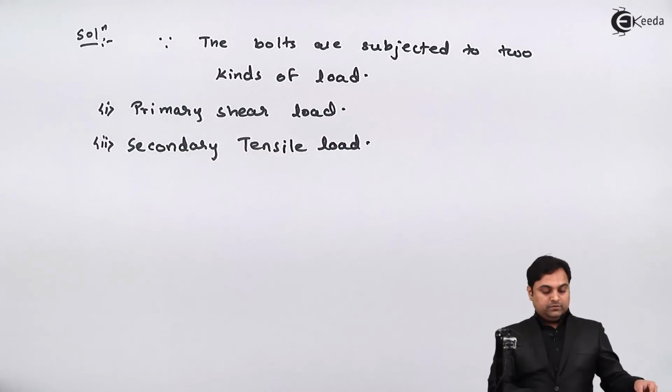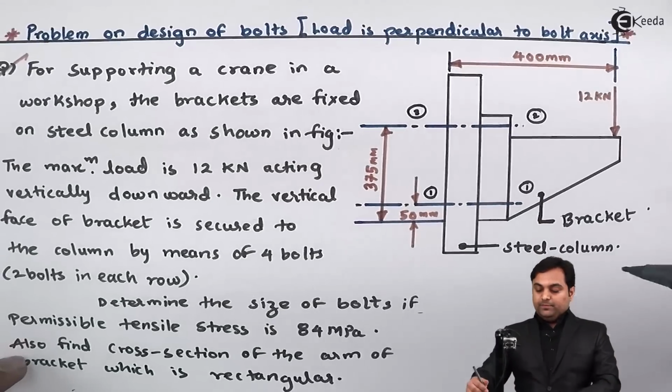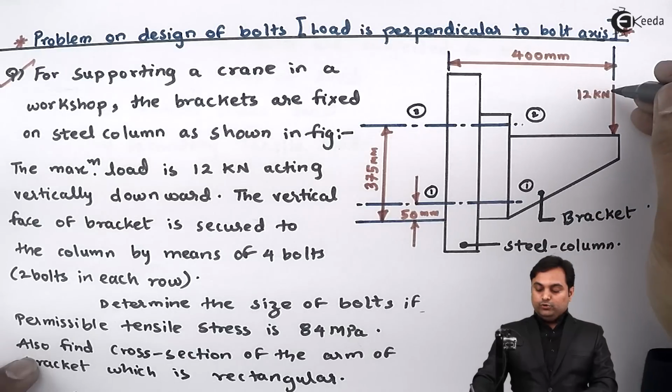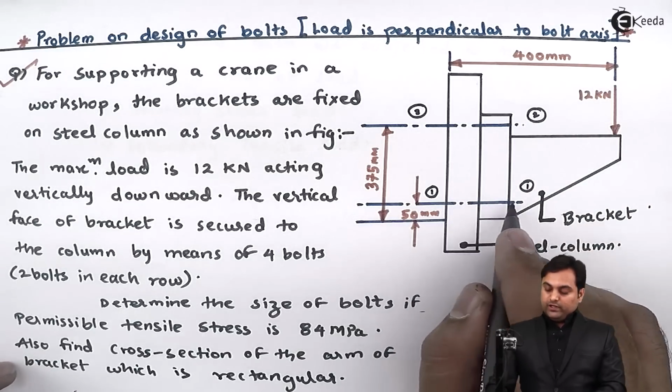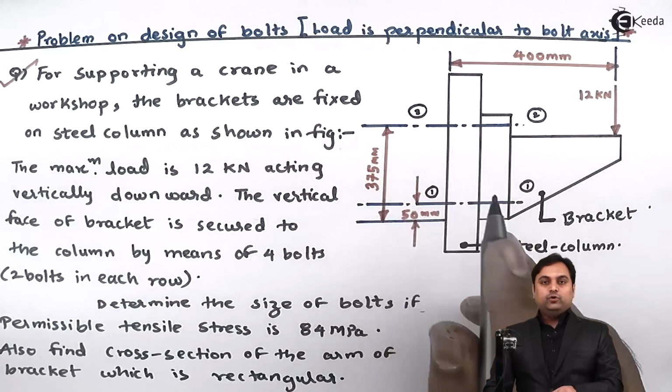Now, when I am talking about the primary shear load, this load 12 kilonewton would be shared equally by 2 bolts in row 1, 2 bolts in row 2, that is 4 bolts.